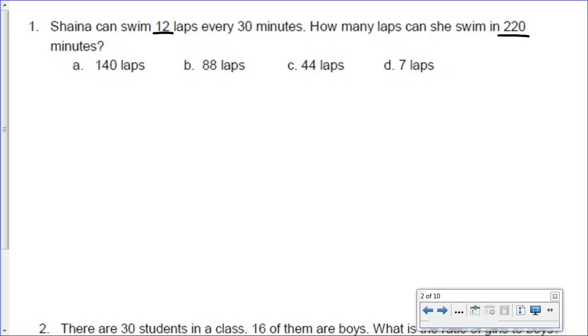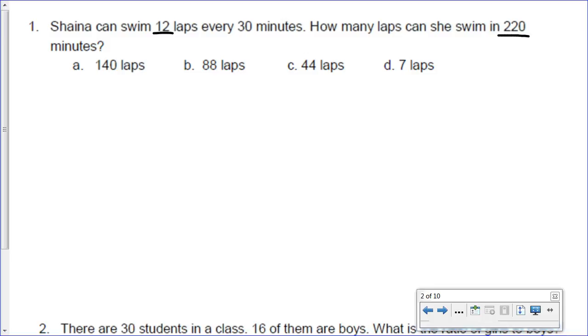Then we can multiply that times the number of laps that we know she can swim. Excuse me, we multiply that times 12 because we know she swims 12 laps every 30 minutes. So it's basically she's swimming 12 laps every 30 minutes.